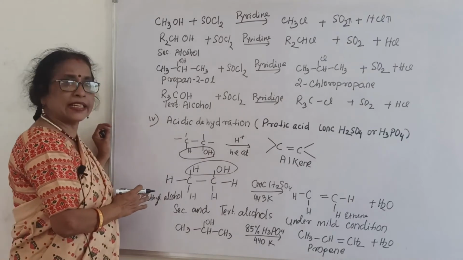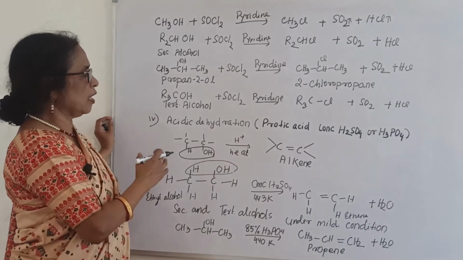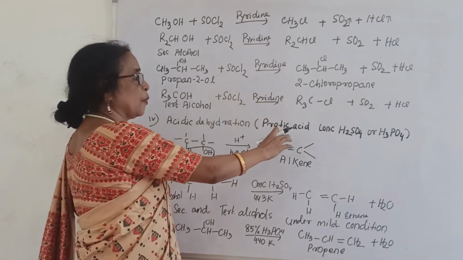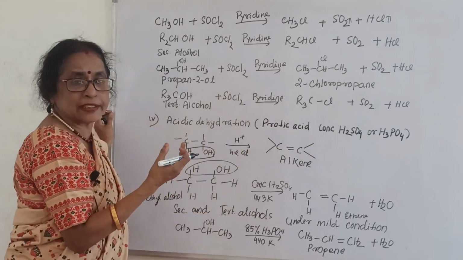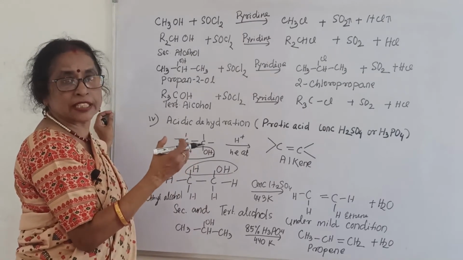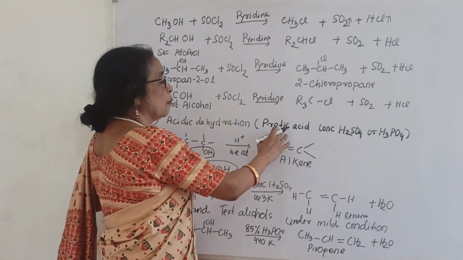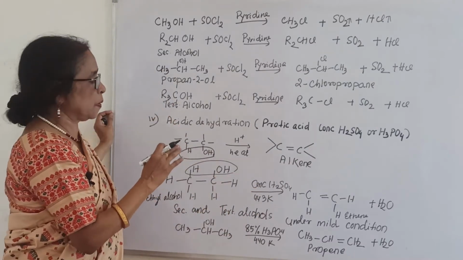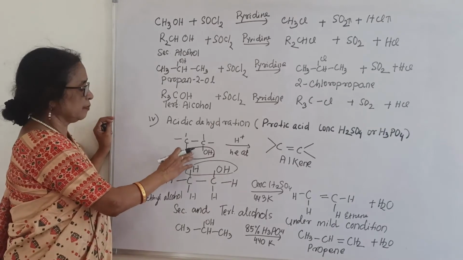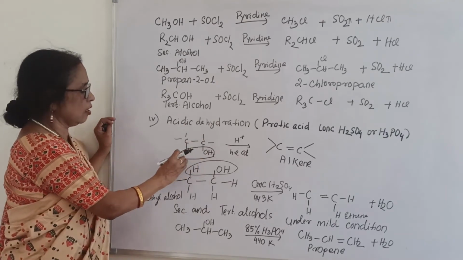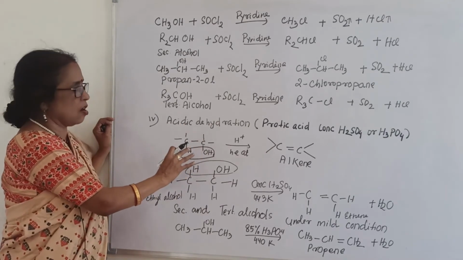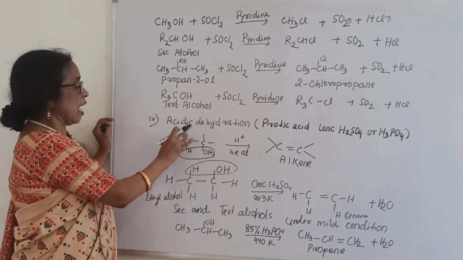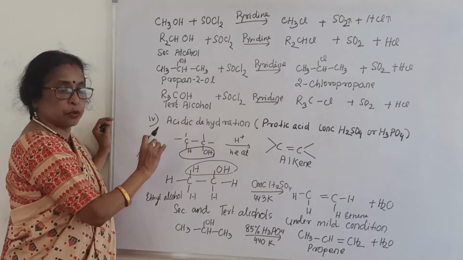Now acidic dehydration, this one you already read in the alkene chapter. Here, in presence of protic acid, what is a protic acid? One where hydrogen and oxygen are present and it acts as an acid. Protic acids are concentrated sulfuric acid and phosphoric acid, H3PO4.